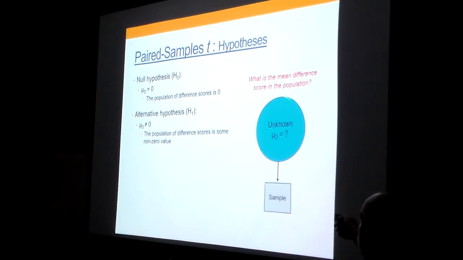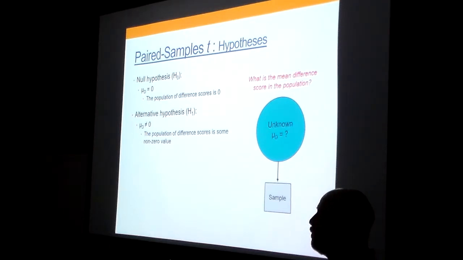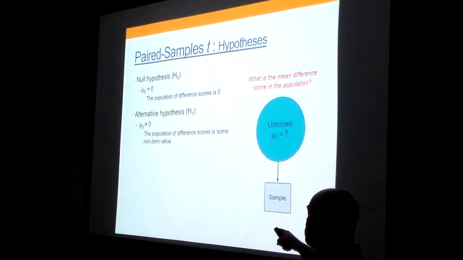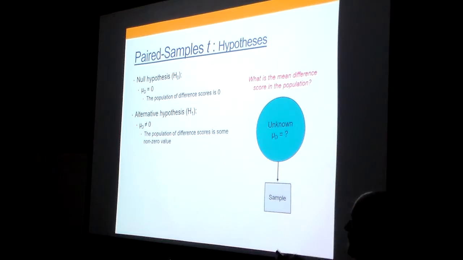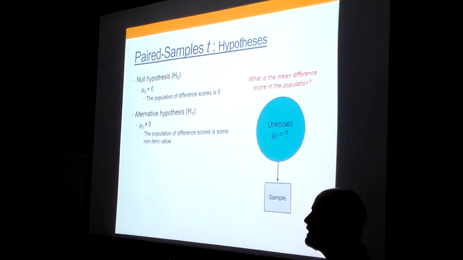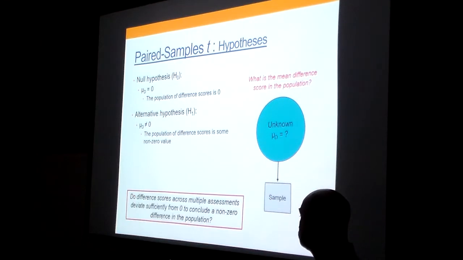What we've got is some population, and some distribution of difference scores in the population. We're going to draw a sample from which we calculate those difference scores. If things don't change from time 1 to time 2, what's the difference? 0, right? There is no change. But the focus of our analyses is on these difference scores, okay?